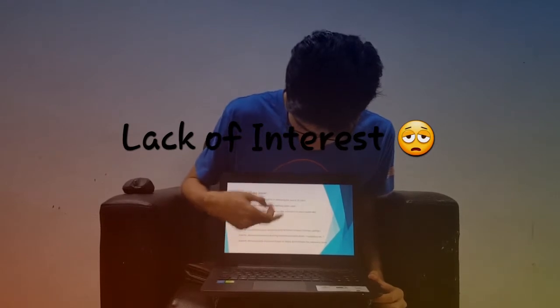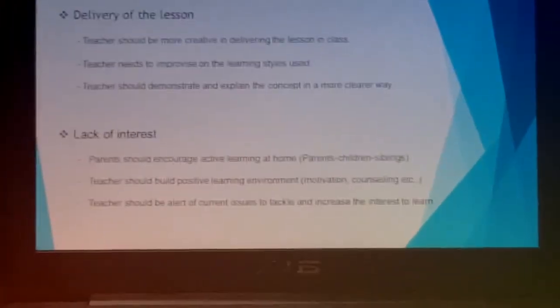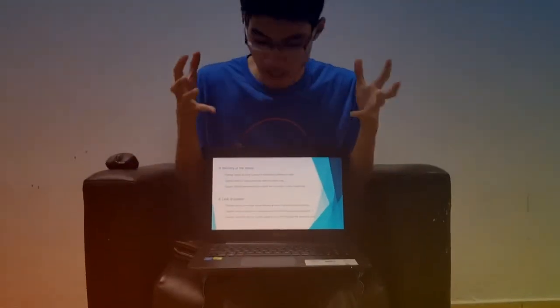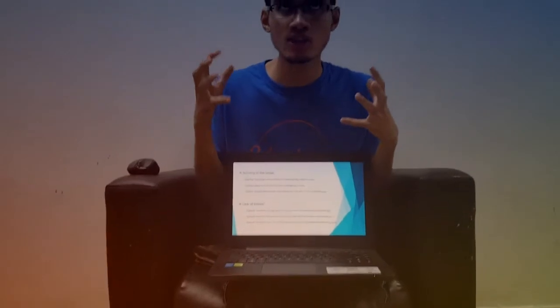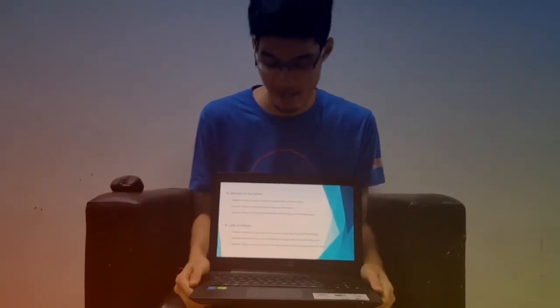Parents should encourage active learning at home by involving every member of the family, the parents, siblings, brothers and sisters, to communicate with each other and to help each other in looking for solutions for certain circumstances.